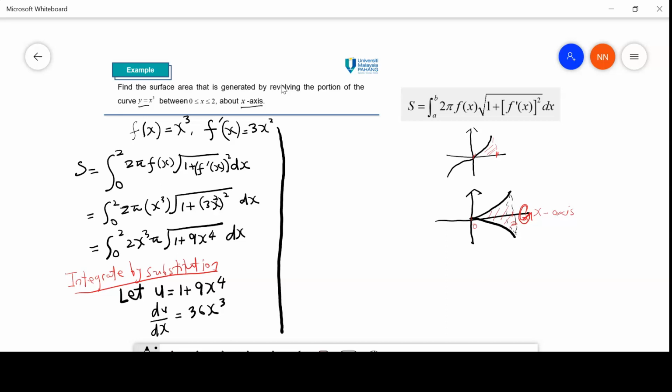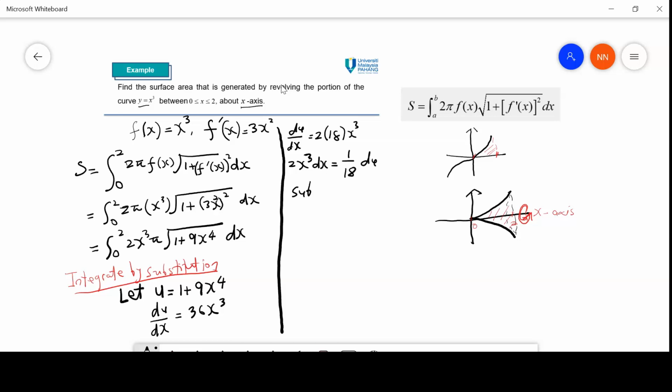So we want to replace this also with u, which means I can have du over dx equal to 2 times 18x cubed dx, where I should have my 2x cubed dx equal to 1 over 18 du.